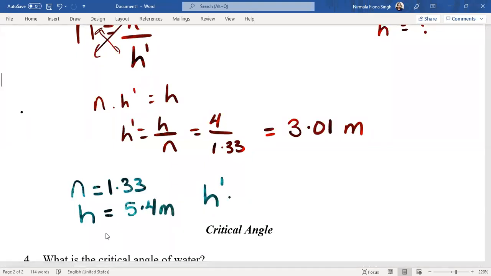Tell me how deep the water will appear to be. 4.06 meters. Very good.